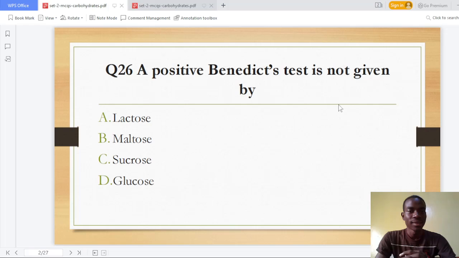Glucose is in the same class as maltose and lactose. At the end of it all, the one which is not given by a positive Benedict test is simply sucrose. Therefore, the best answer is C.